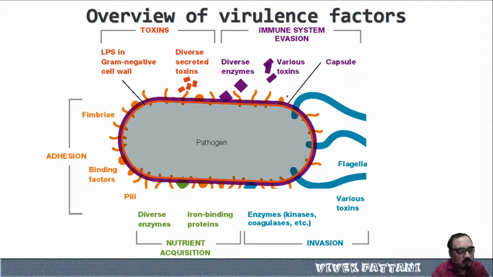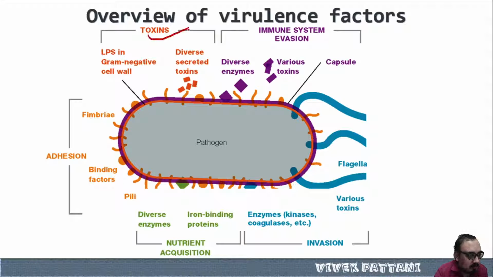This is just an overview of the virulence factors which a pathogen may have. Not all the virulence factors seen here may be present in a single pathogen; it depends on the species of the bacteria.